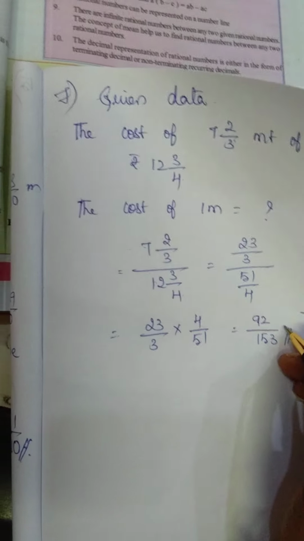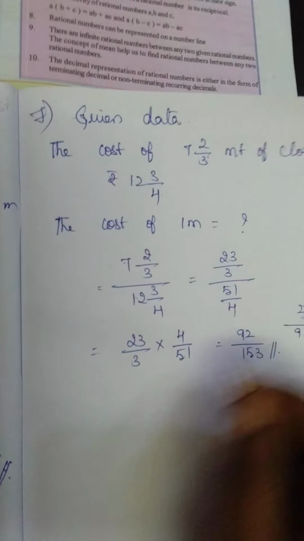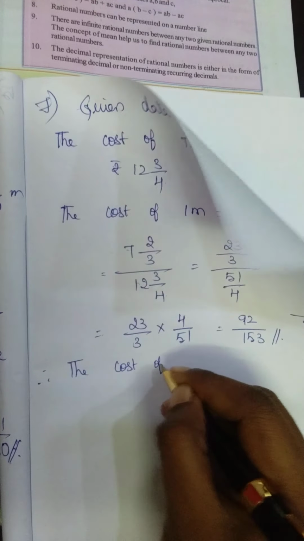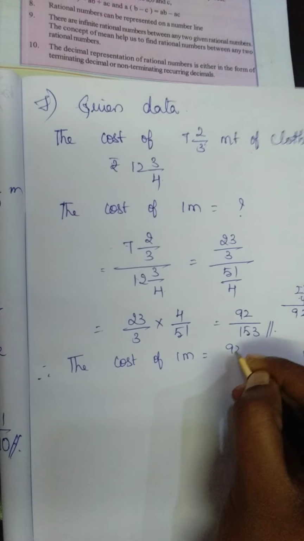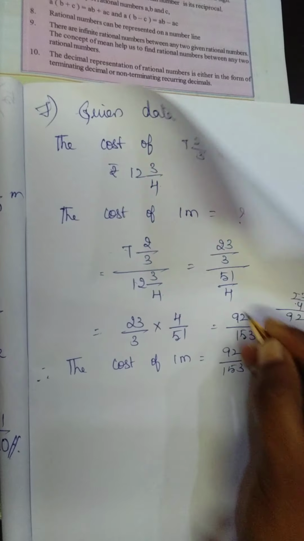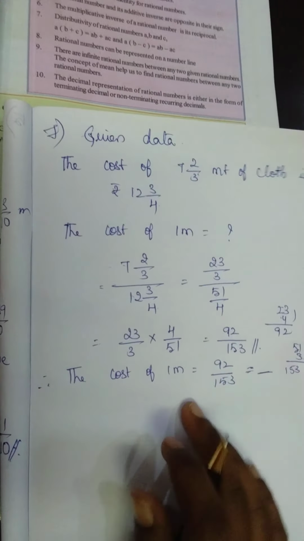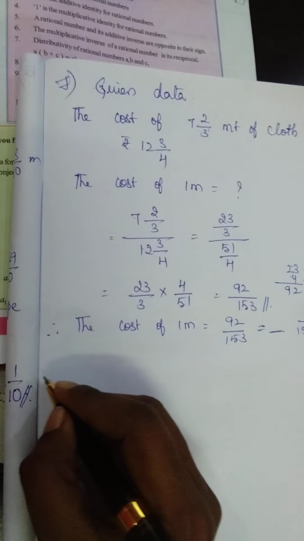This is your answer. If you want, you can change this proper fraction into a mixed fraction also. So the cost of 1 meter equals 92 by 153. Change this into a mixed fraction and write the answer. Okay, this is your 7th question.